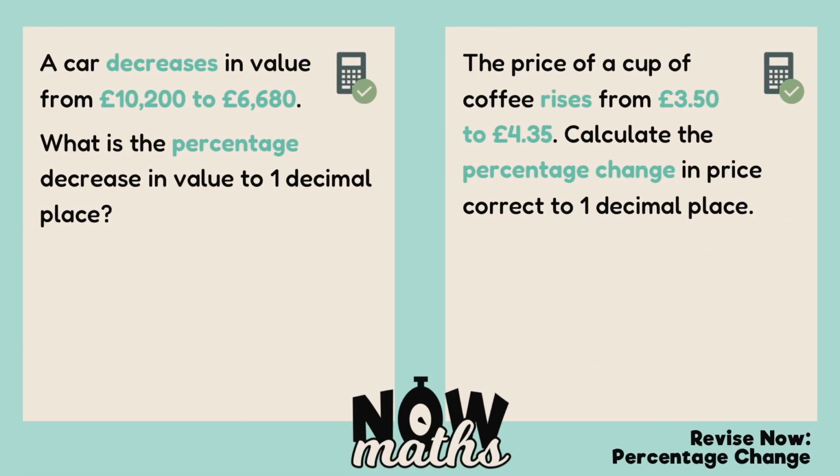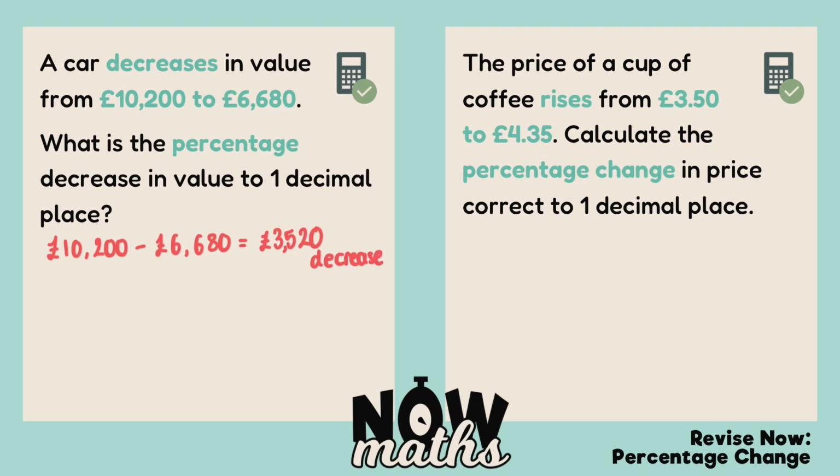So on the question on the left, we have a car that's decreased in value, and we're asked to work out the percentage decrease in value to one decimal place. So the first thing we're going to do is work out by how many pounds the car has decreased in value. So that means we need to work out £10,200 subtract £6,680, which tells us that there has been a £3,520 decrease.